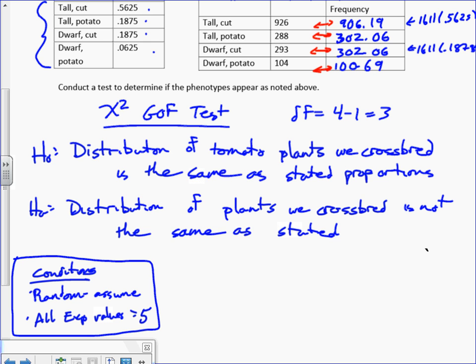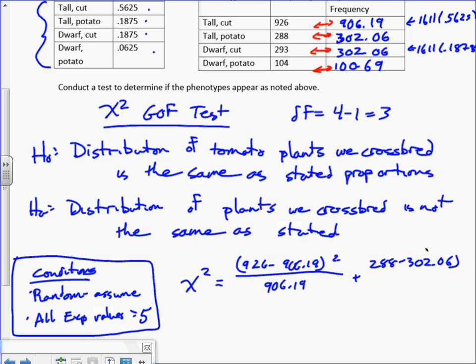So from there, our chi-squared test statistic. This is probably the most cumbersome part of the whole process. We have 926 minus 906.19 squared, observed minus expected, over expected. There's the first one. Plus, we had 288 observed minus 302.06 squared over 302.06.